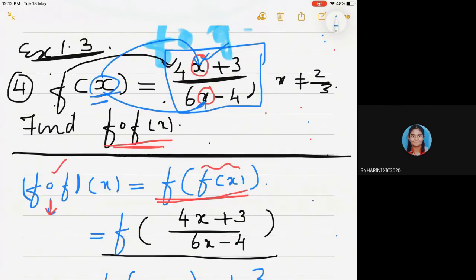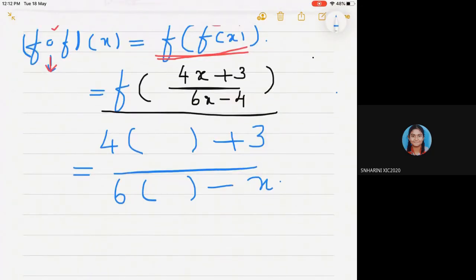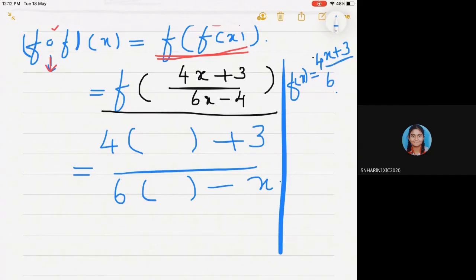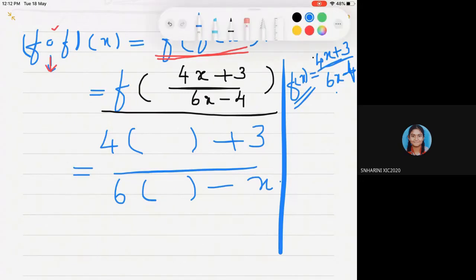So see here, we have f of x equal to 4x plus 3 by 6x minus 4. So how you are removing this f of x to the rational expression is, in the rational expression there is a space.